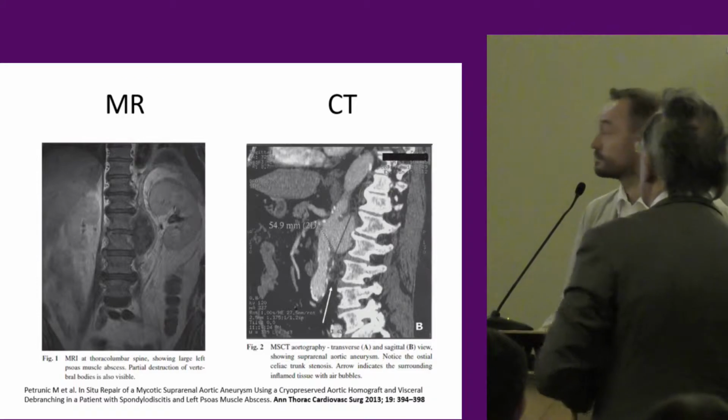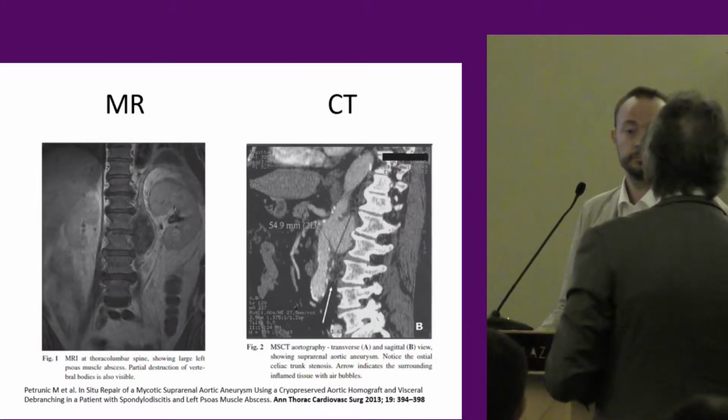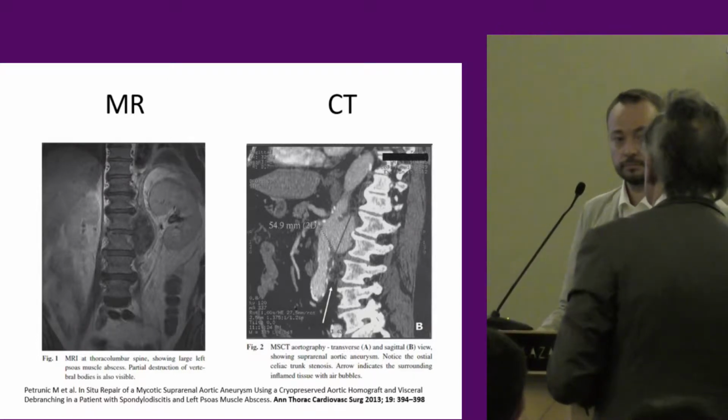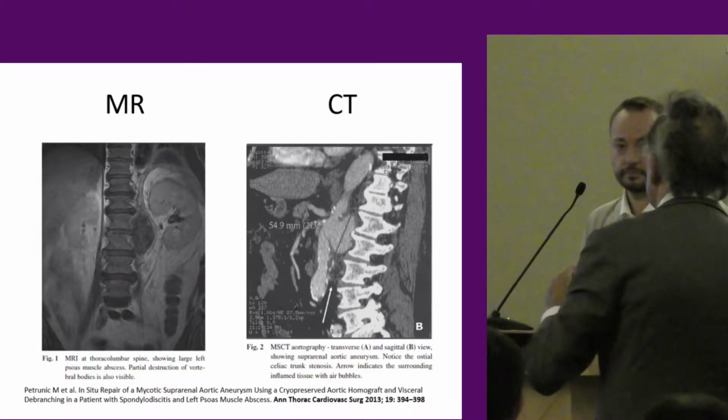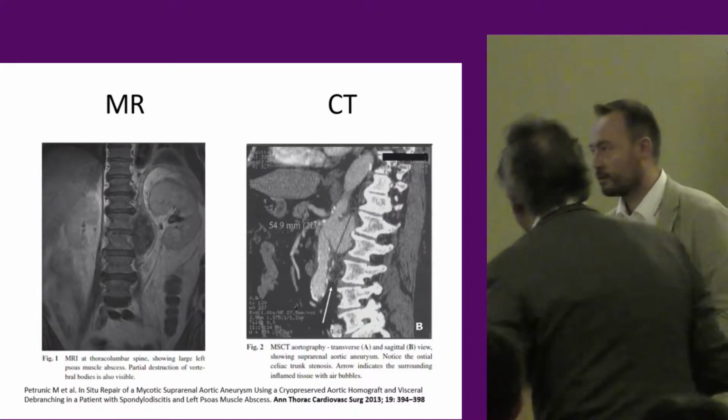For example, this case I would replace without left heart bypass to decrease the contamination of the blood around, and I do a reconstruction with silver prosthesis and reimplantation with a Carrel patch of the vessels, probably with the left renal artery separated, and the distal anastomosis I do with prosthesis.